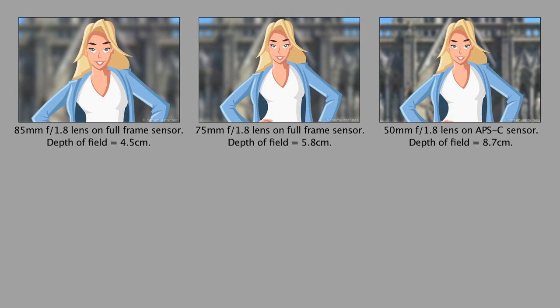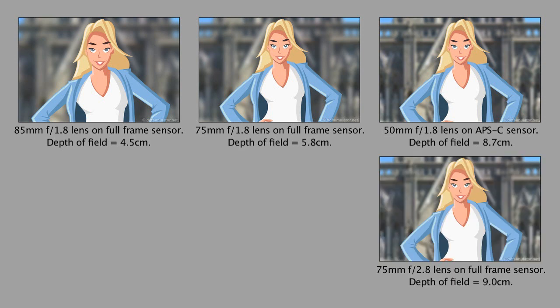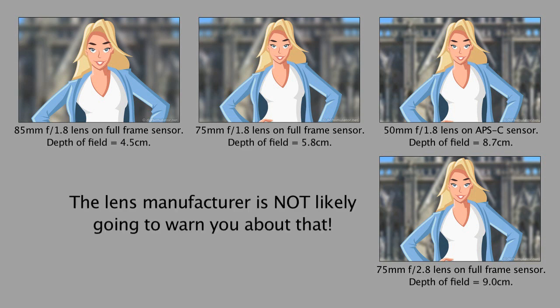What you are getting instead of an f1.8 full-frame equivalent lens is basically a not quite as good f2.8 lens in equivalency. I'm not saying that that's not good enough. I'm just saying that you should be aware that you would be taking somewhat of a hit in the quality that you might want, and that the lens manufacturer is not likely going to warn you about that.